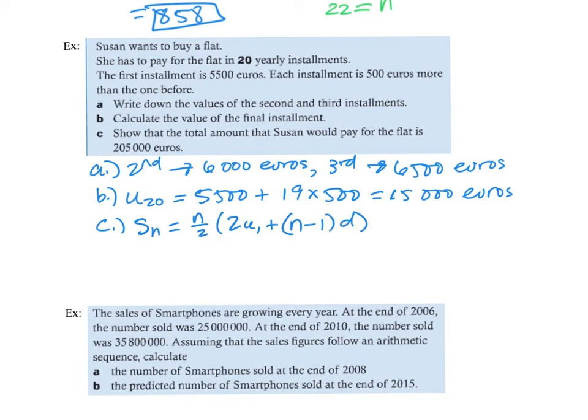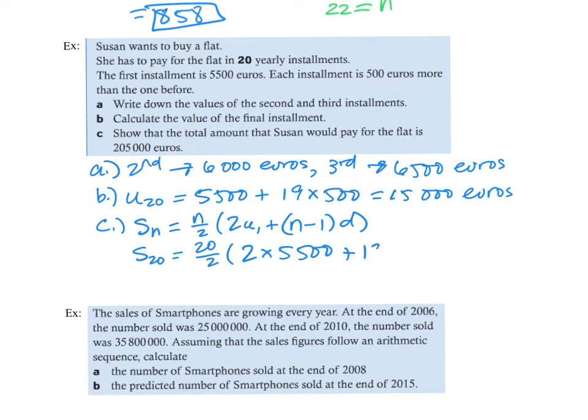So in this case, we're finding the sum of the 20 terms, and that's going to be equal to 20 divided by 2 times 2 times the first term, which was 5,500 euros, plus n minus 1. N is 20, so n minus 1 would be 19.